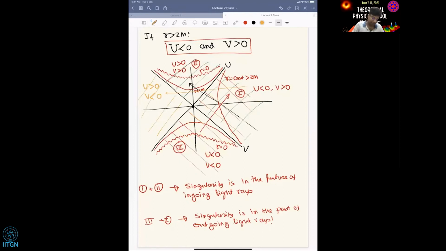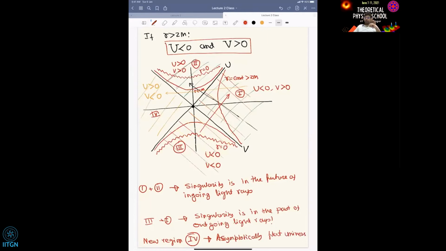And there is a new region IV. And what is this region 4? Region 4 is exactly similar to region 1 and asymptotically flat. A flat universe.